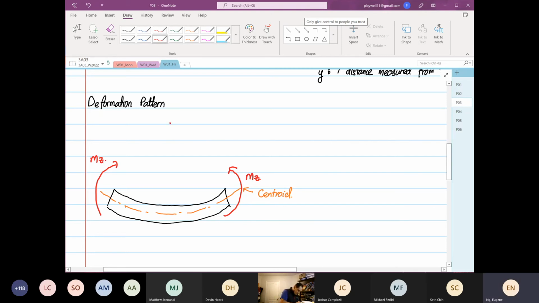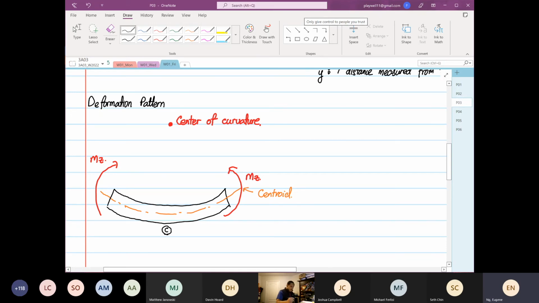This point over here is known as the center of curvature. Okay, that is the center of curvature. So I'm going to pick the center, point C. So this is our point C.